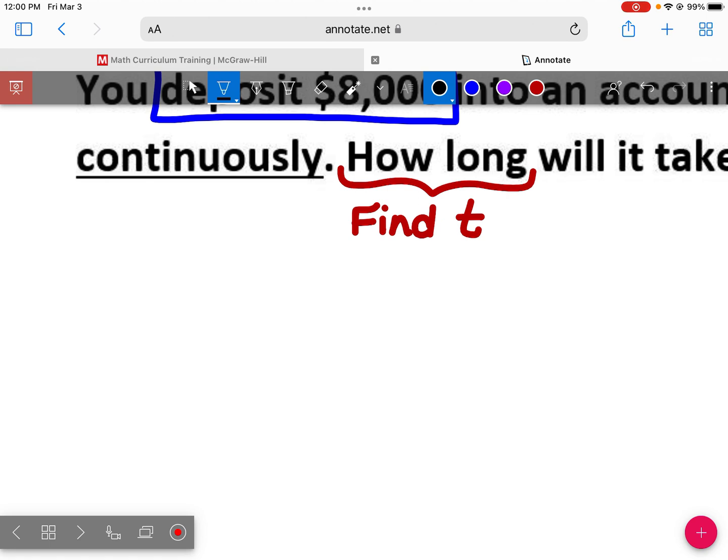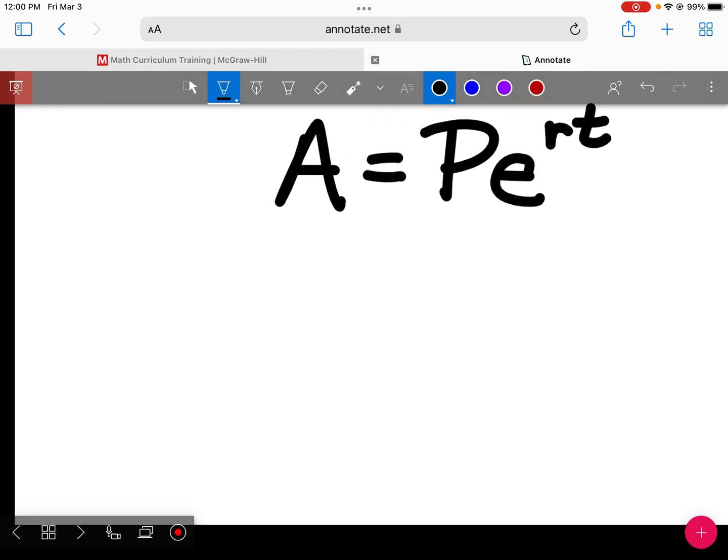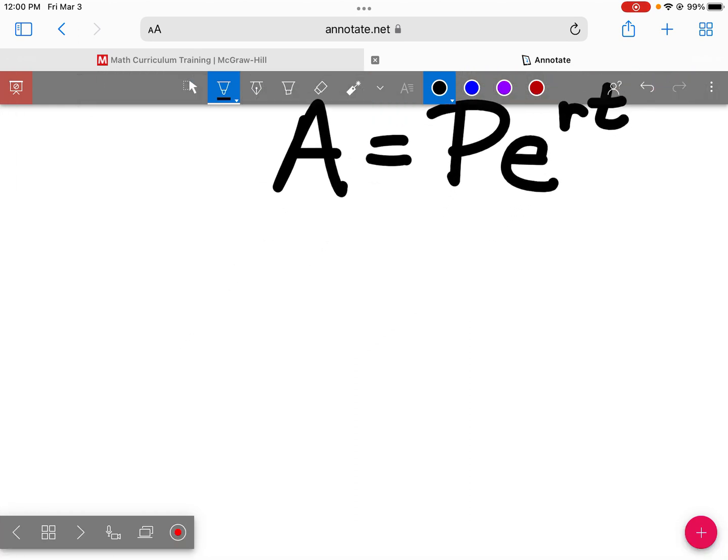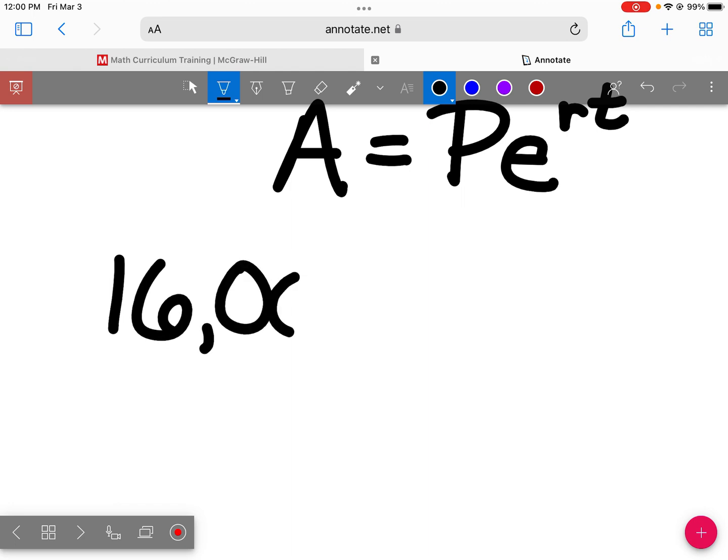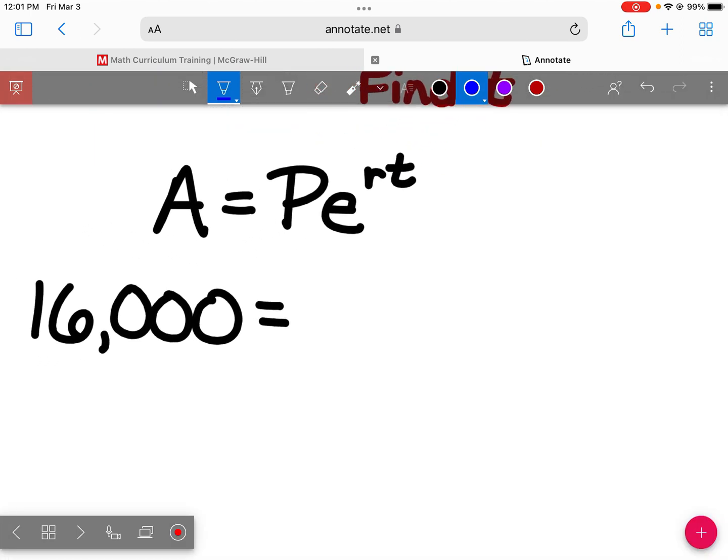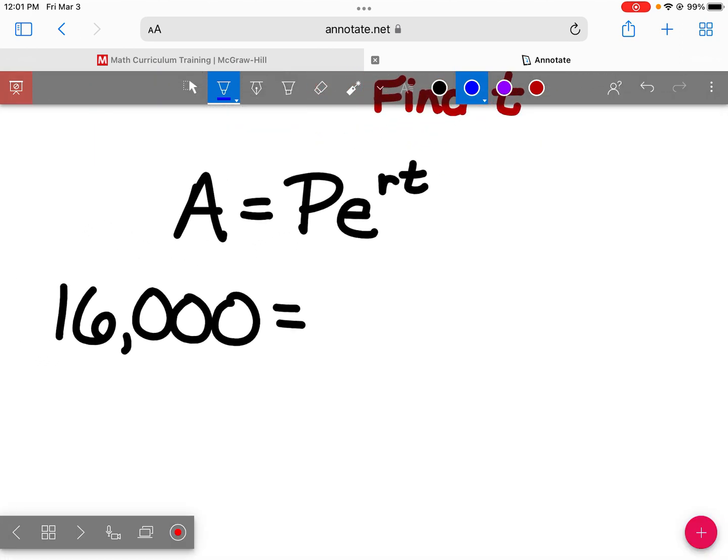All right. So let's substitute in. A equals P E to the power of RT. What do I put in for A? 16,000 equals, what do I put in for P? 8,000. What do I put in for E?